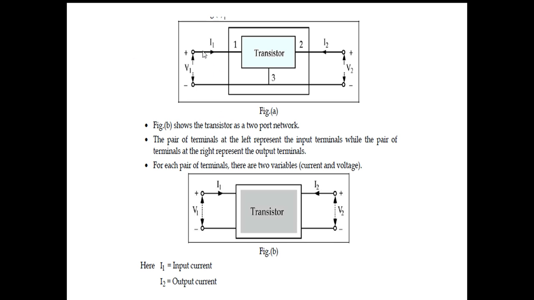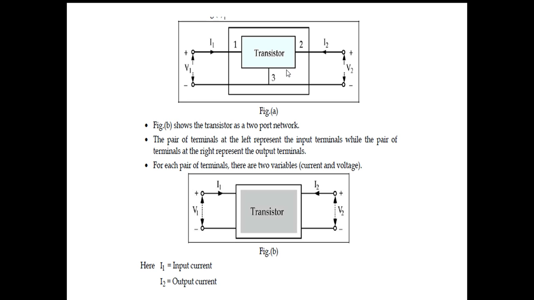At the input terminals, by applying the input voltage V1, the current I1 flows. Since the third terminal is taken as common, connected to ground, it is generally considered the negative terminal, and the other terminal becomes positive. Therefore, the current flows through this positive terminal, that is the first terminal.